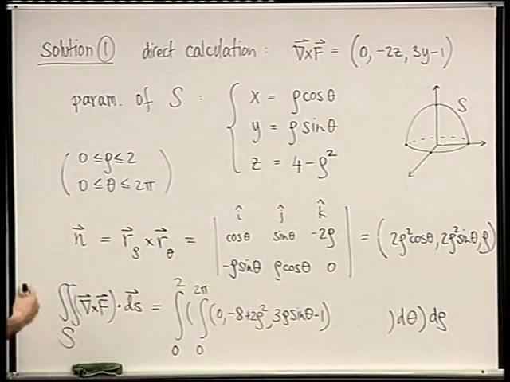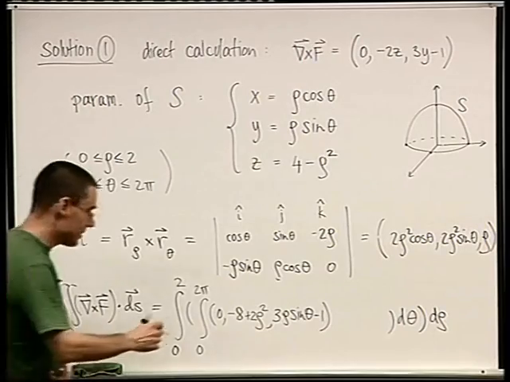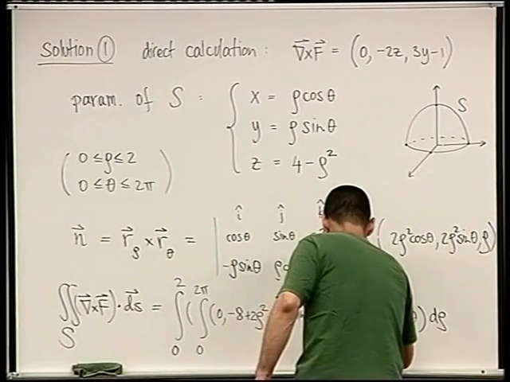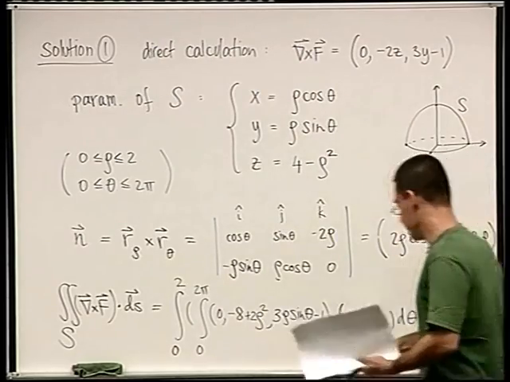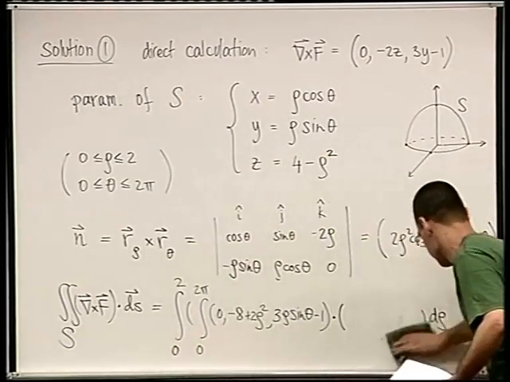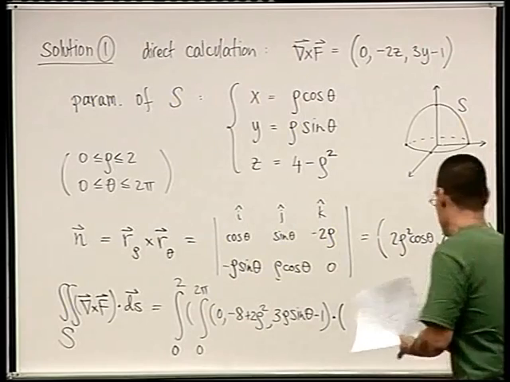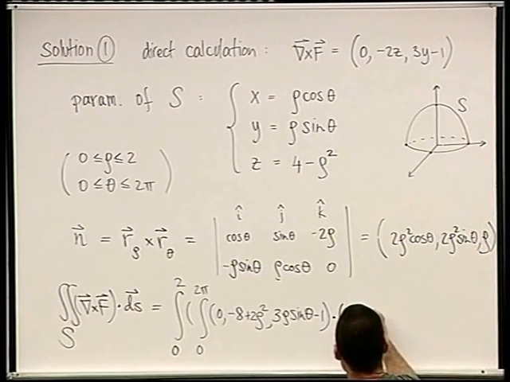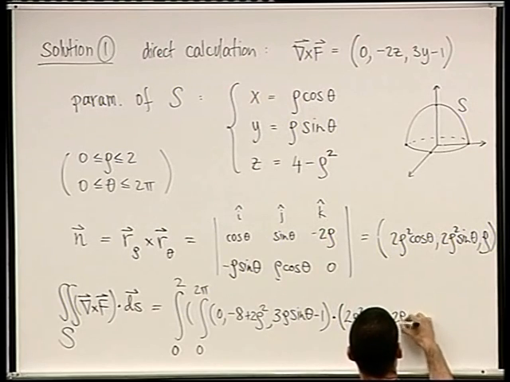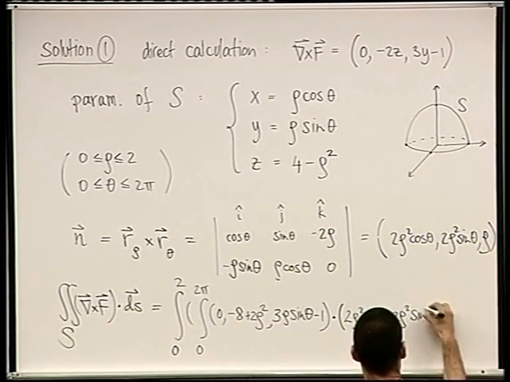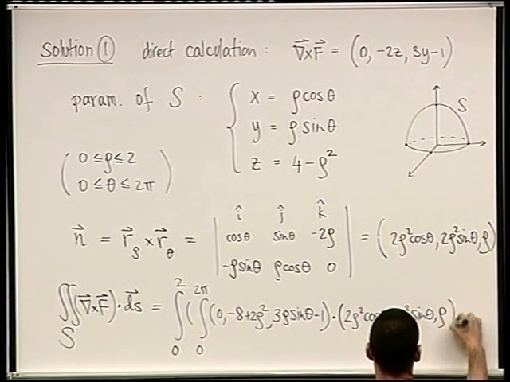This is F calculated on the surface. Dot the normal: 2 rho squared cosine theta, 2 rho squared sine theta, rho.